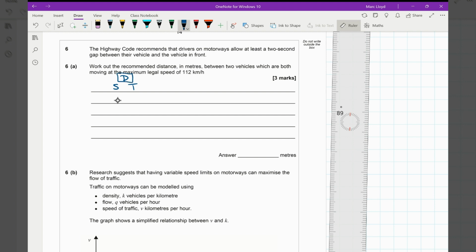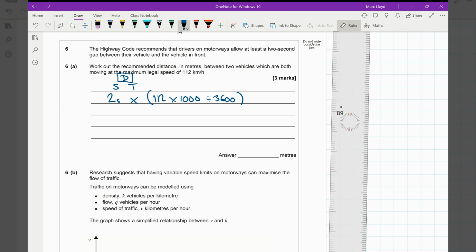So the time, 2 seconds. So 2 seconds times by the speed. Now the speed is 112 kilometers per hour. If we multiply that by 1,000, that turns it to meters, and then divide it by 3,600, we'll turn it into seconds.